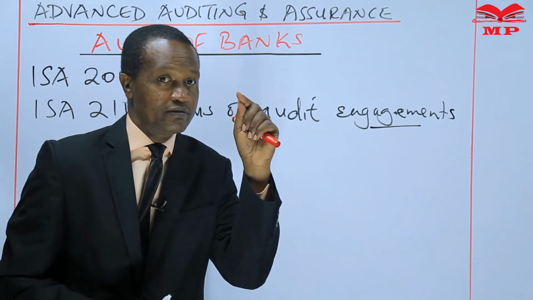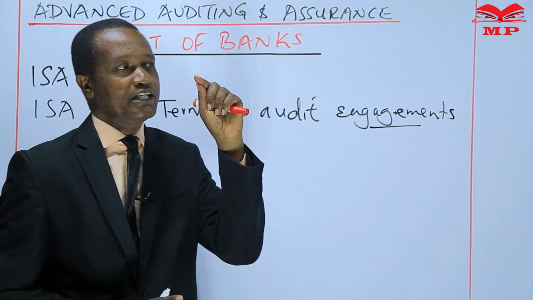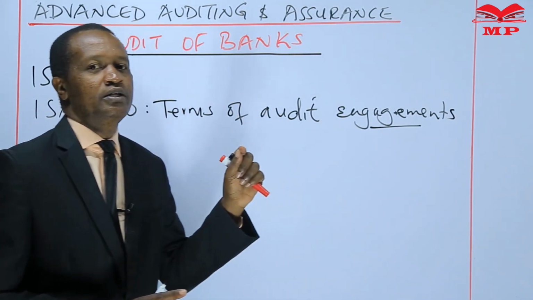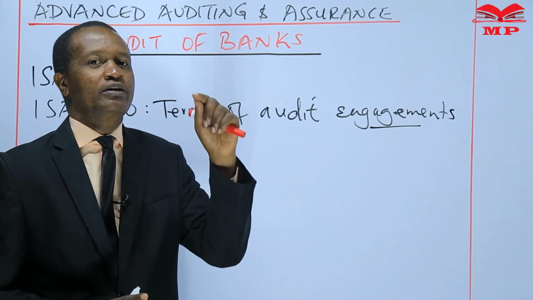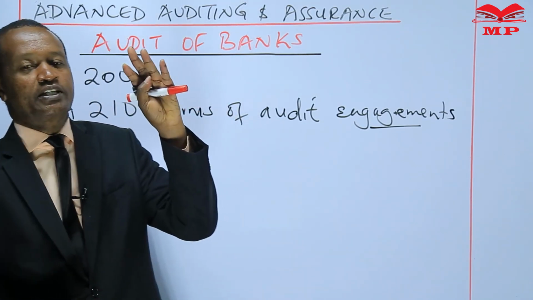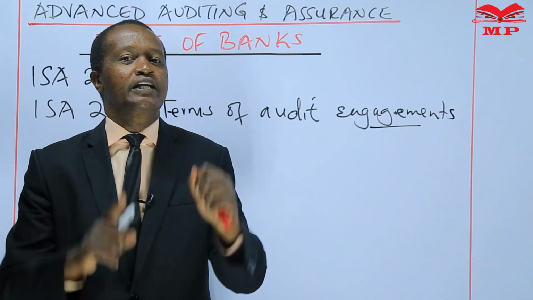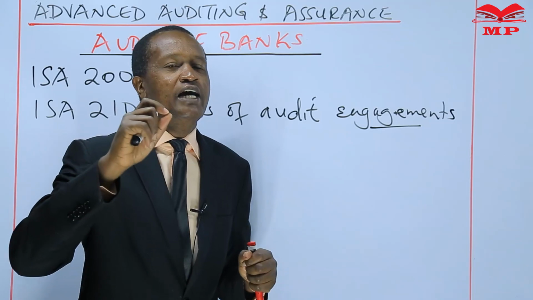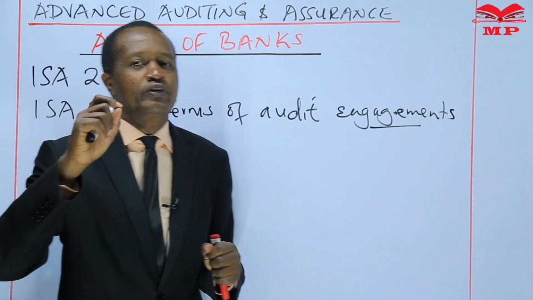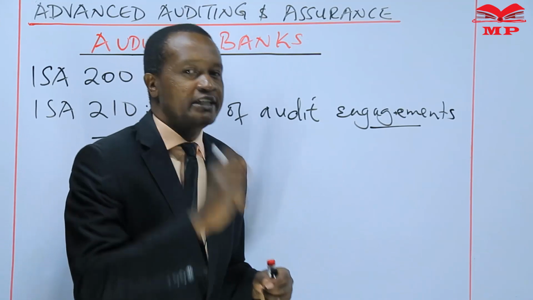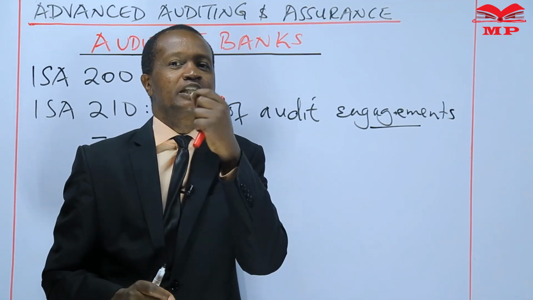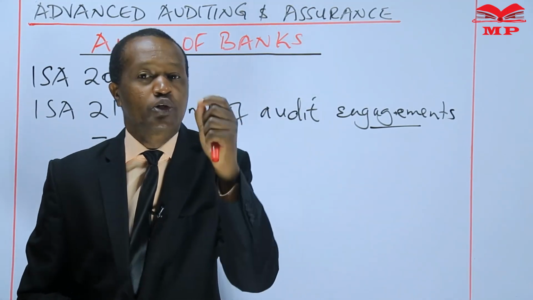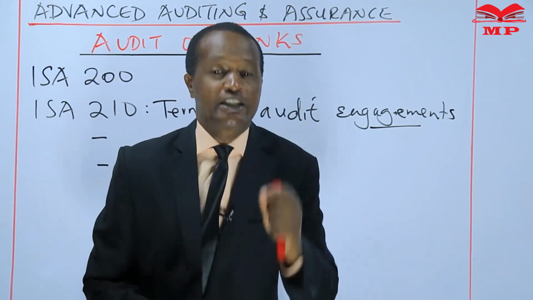So I've mentioned one of the factors, and this is the use and the source of specialized accounting principles with particular reference to the five aspects that I've mentioned. Then number two is the contents. The auditor should consider the contents and the form of the auditor's report on the financial statements and any special purpose reports required from the auditor in addition to the report on the financial statements.